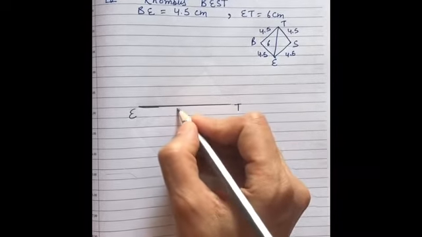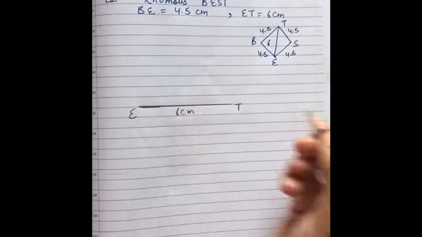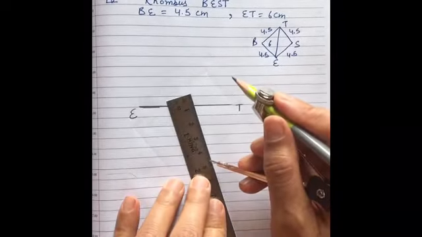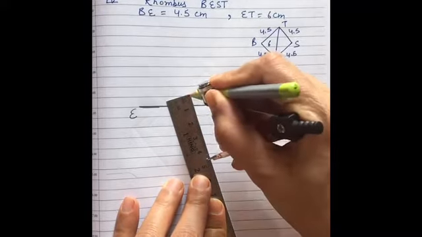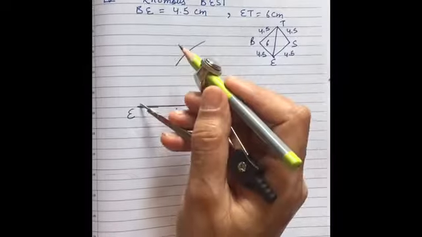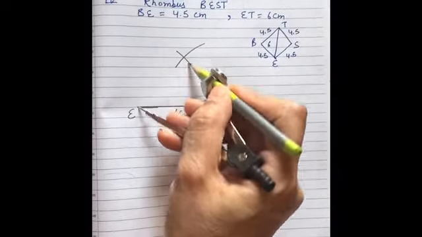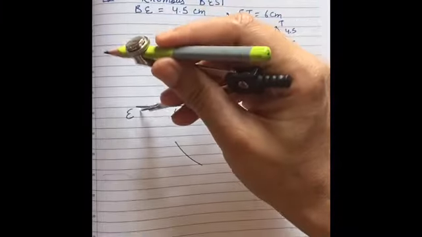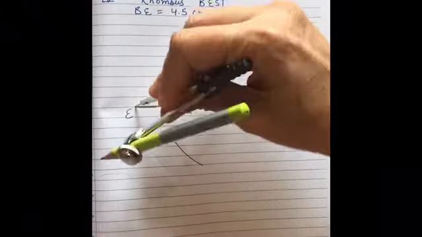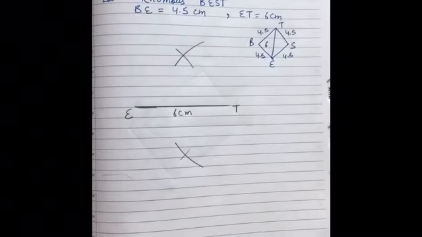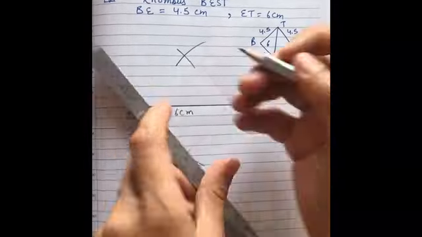This is 6 centimeter. Now open up your compass to 4.5. This is 4.5. Now make an arc from both sides. This is 4.5, 4.5, because all sides are equal. So we are going to make the arcs from all the sides here. Fine. So now you can join them.